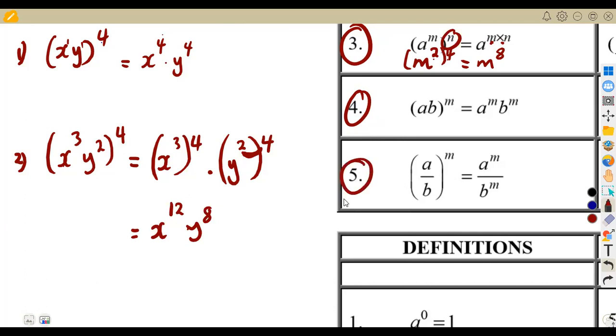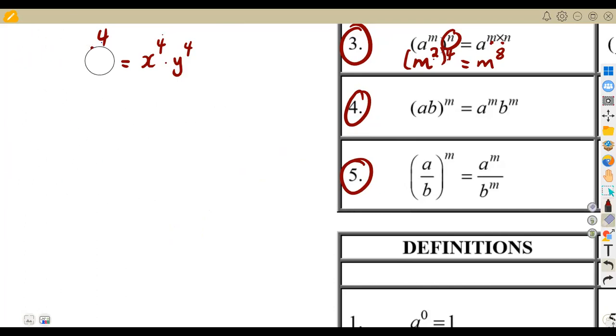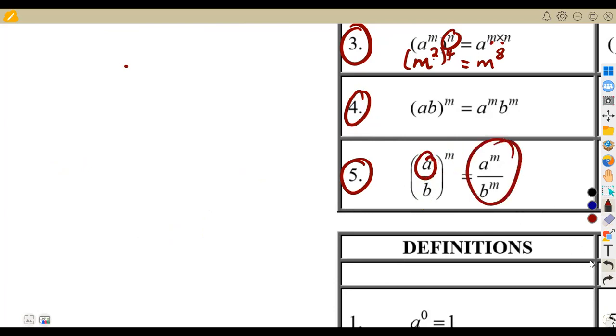All right. Then another extension of the same concept that we are talking about is on this part. If you are dividing also, you're going to apply the same thing. Every number is going to be raised to the exponent of the term that we have outside. So you're going to have a raised to the exponent of m, b also raised to the exponent of m. So this is what we have here.